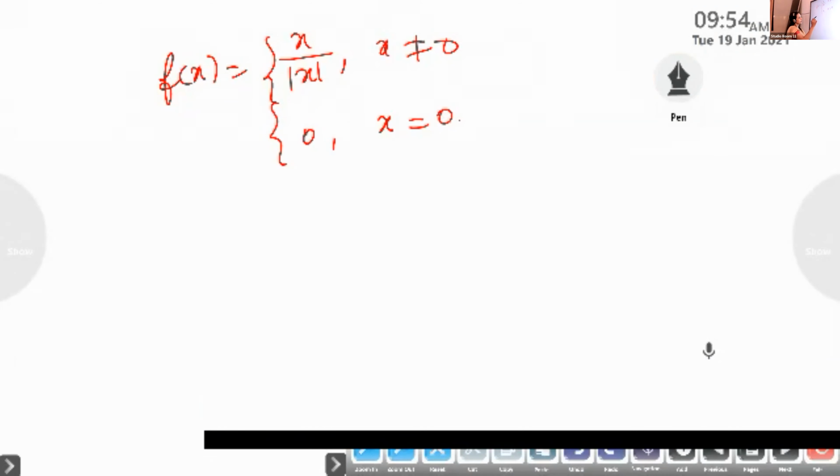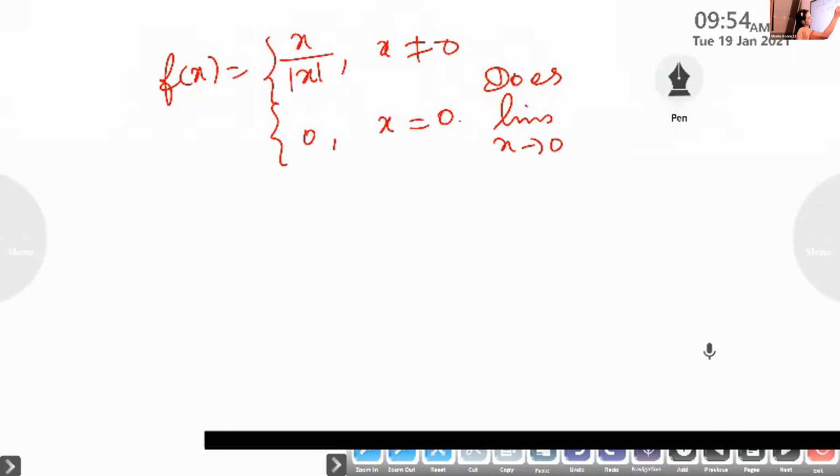Does limit x tending to 0 of f of x exist?